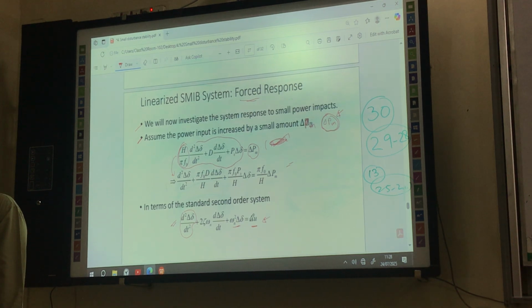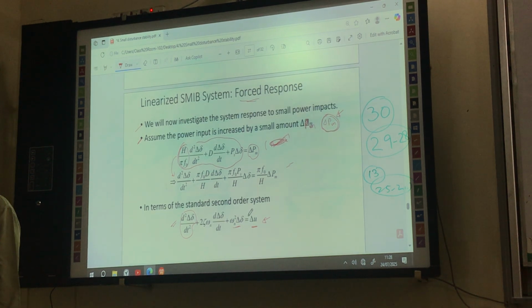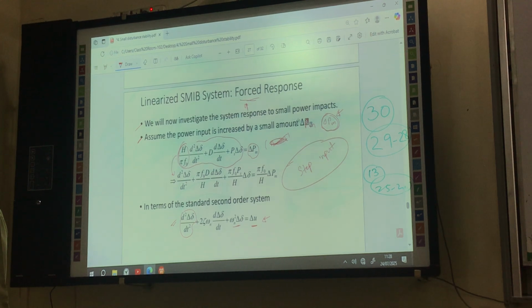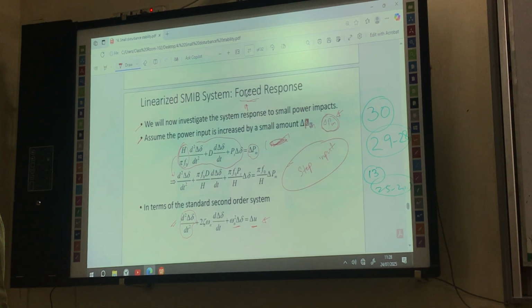This type of system. Here we are considering the step input. That means the response that we will get is the step response, and obviously this is due to the forcing function, or actually this is the forced response. So let's say this is the input response.